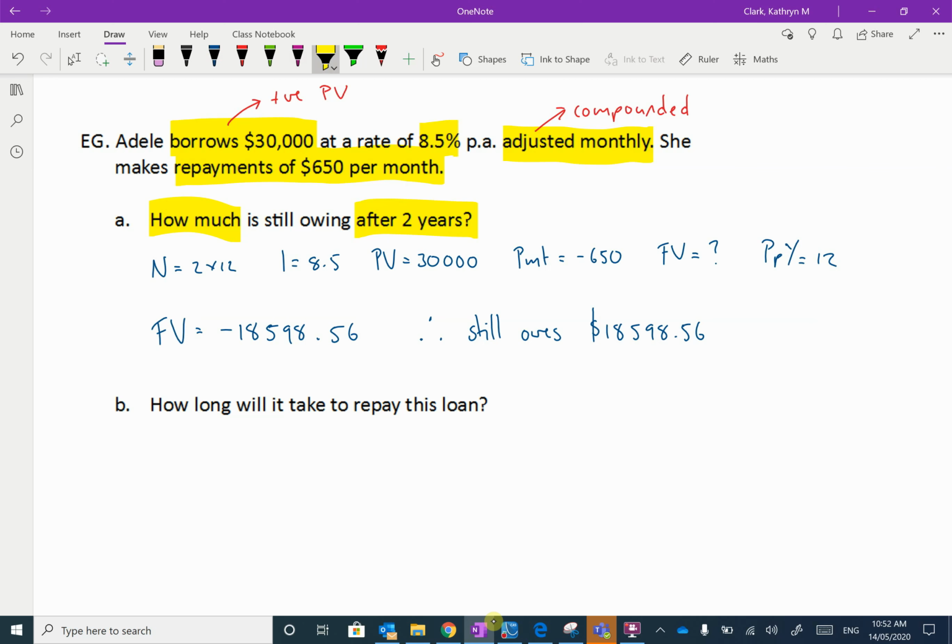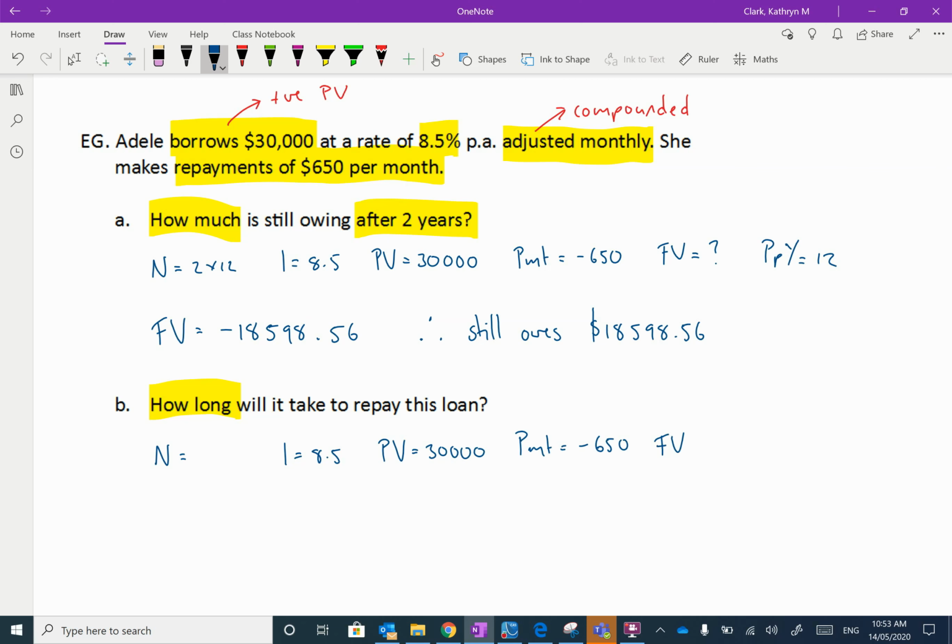All right. How long will it take to repay this loan? Well, how long? We don't know how long, so I can't calculate the number of payments because I don't know how long it's lasted for. But my interest rate is still 8.5. I know that I've borrowed 30,000. I know that my payment is negative 650.